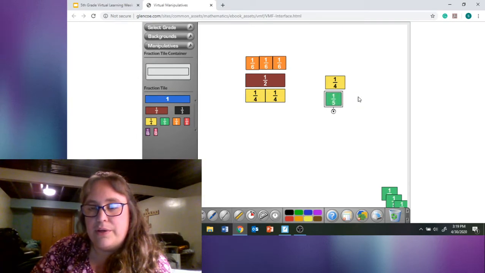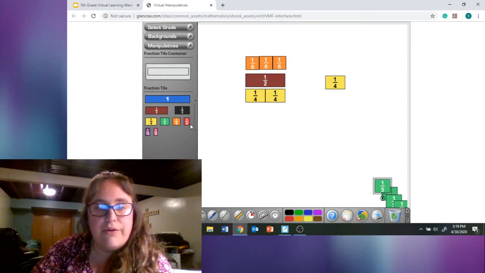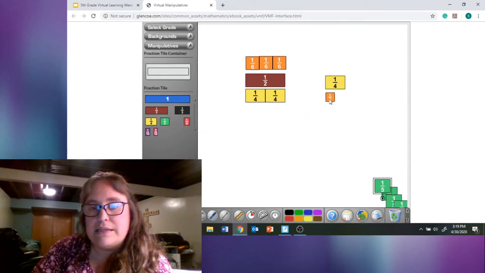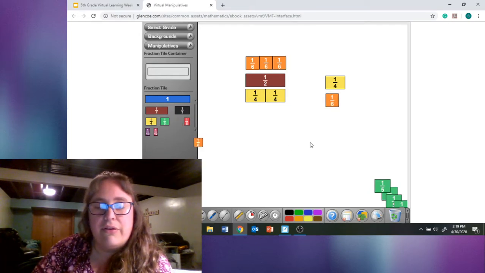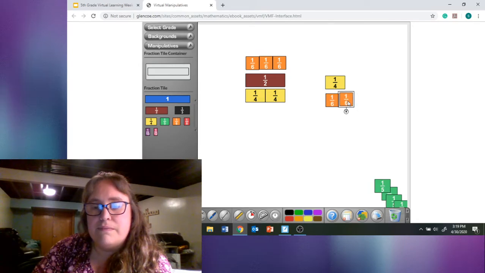And if I put another one over here, it's going to be too large. So no combination of 5ths is going to be equivalent to 4ths. We try 1/6. I know that that's less than 1/4, but I wonder if 2/6 will be equal. No, it's greater than. Okay, not going to work.